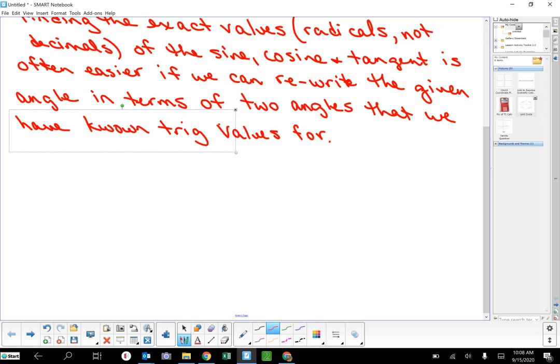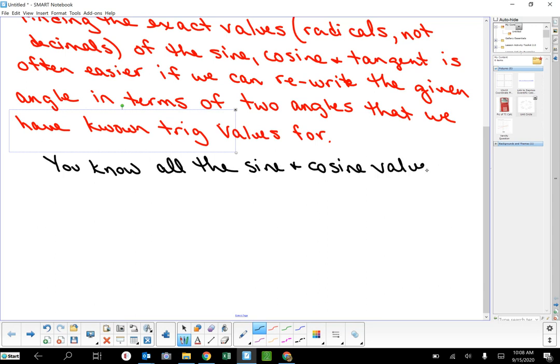All right, so you know all the sine and cosine values for 30 degrees and its multiples.